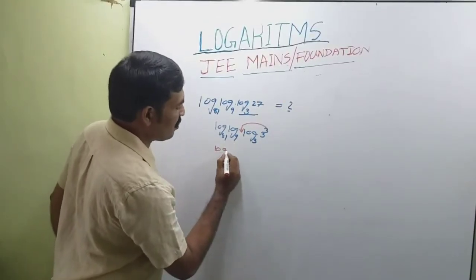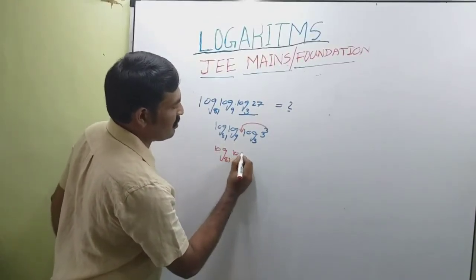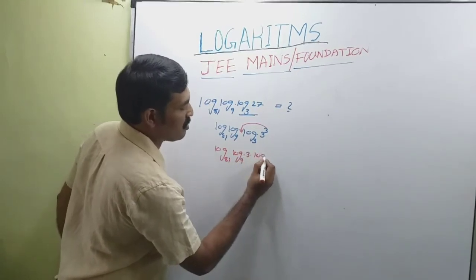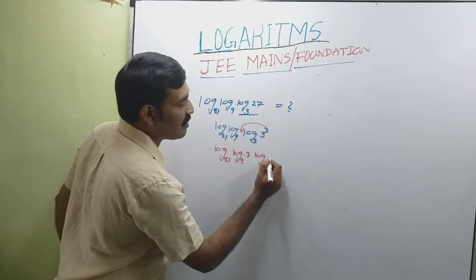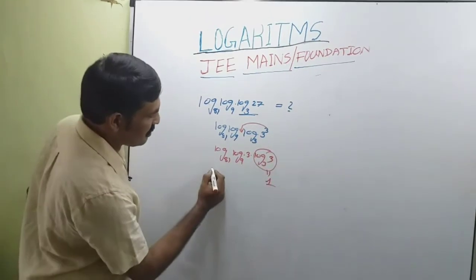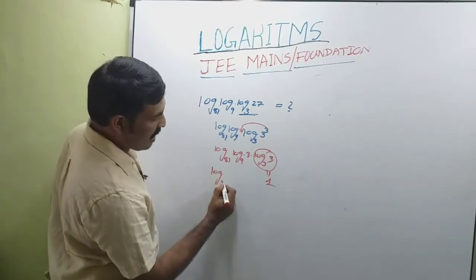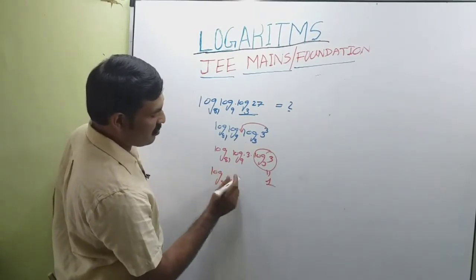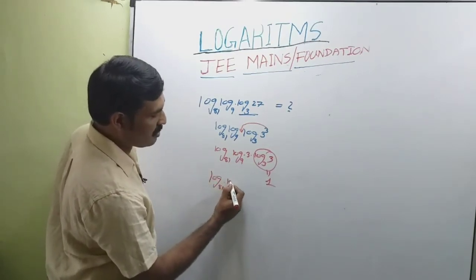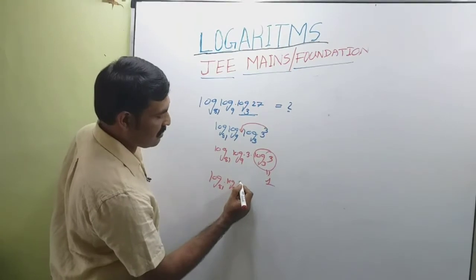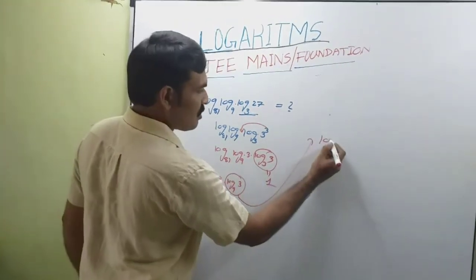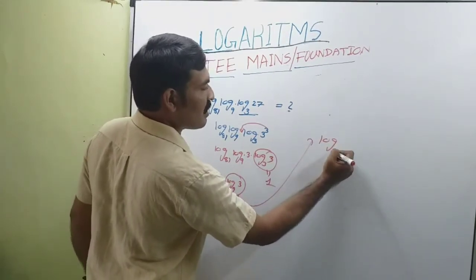So this becomes log base 81 of log base 9 of 3 into log base 3 of 3, and the value of this is equal to 1. So this becomes log base 81 of log base 9 of 3.